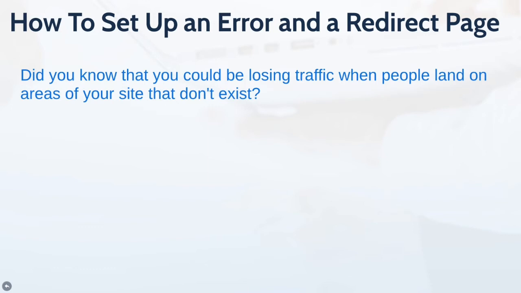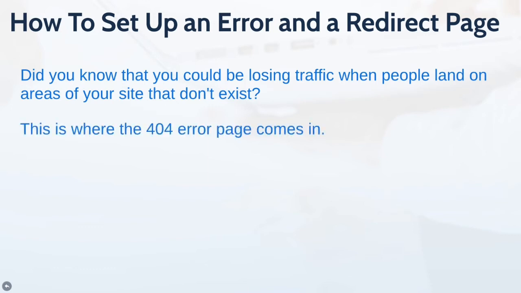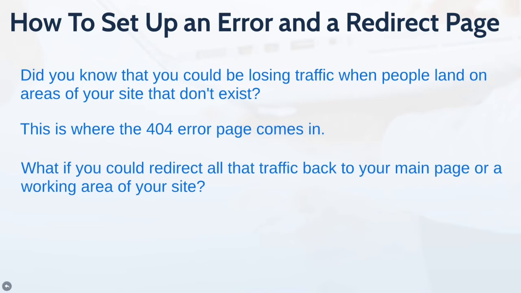Instead, what you want is you want people to be redirected to either a page that actually works or a specific page that you want all the traffic to be redirected to. And this is where the 404 error page comes in. Fortunately, on the cPanel hosting panel, you can actually specify where you want all this traffic to go.